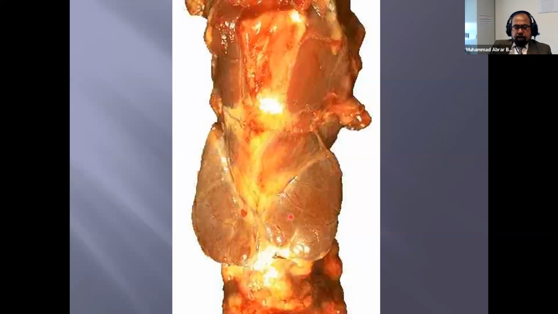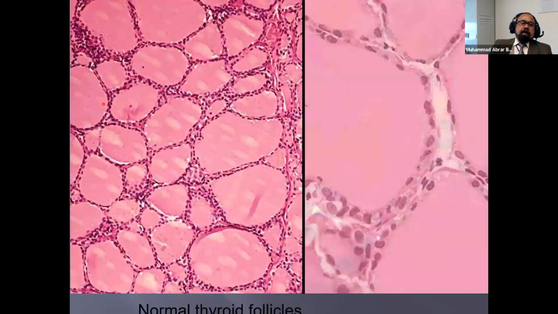Histologically, if you cut the thyroid, it forms follicles, multiple follicles, and they are lined by cuboidal epithelium. These follicles are filled with thyroglobulin, and you know that this thyroglobulin makes the thyroid hormone, right?